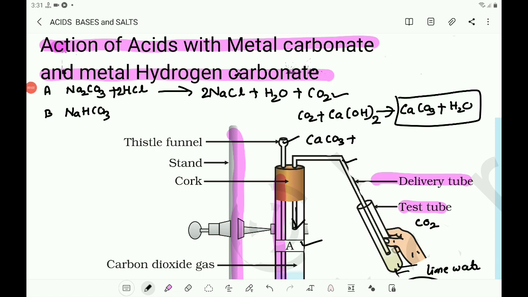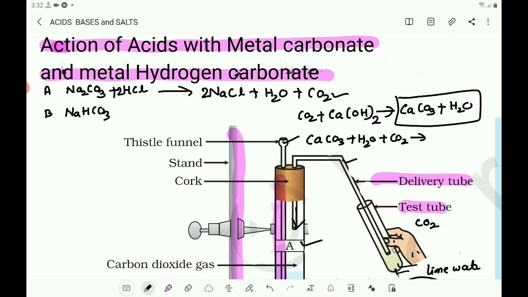On continued passing of carbon dioxide through the solution, you take CaCO3 plus H2O plus CO2. Here excess carbon dioxide is passed. What happens here? The lime water becomes clear.